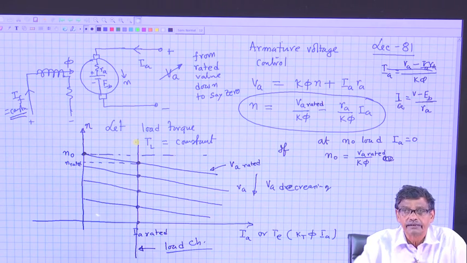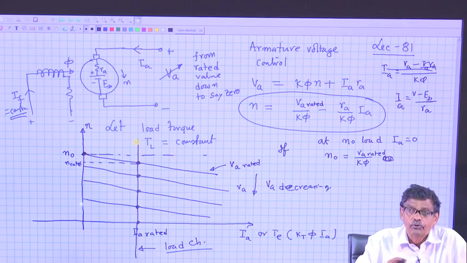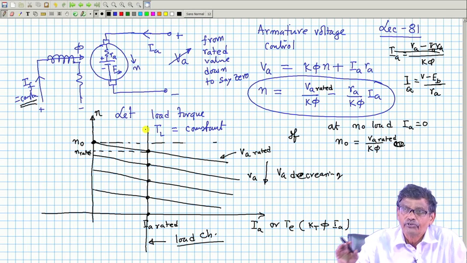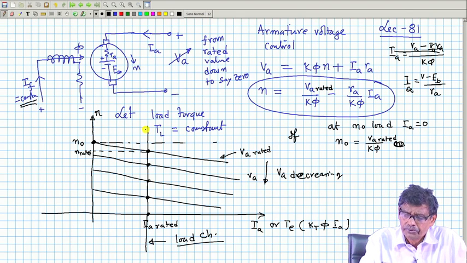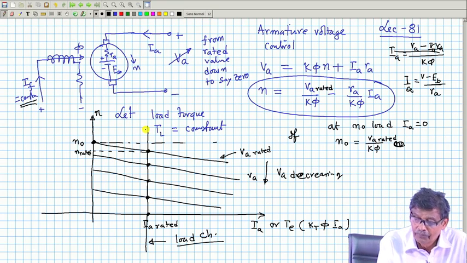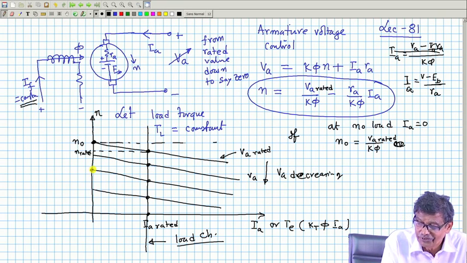Similarly, you can run the same motor supplying a constant load torque at various speeds, and the machine will continue to draw rated current and run at different speeds.